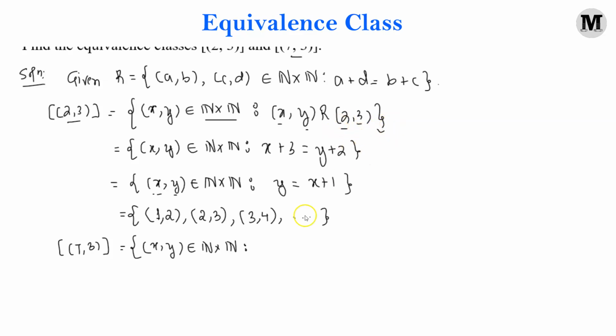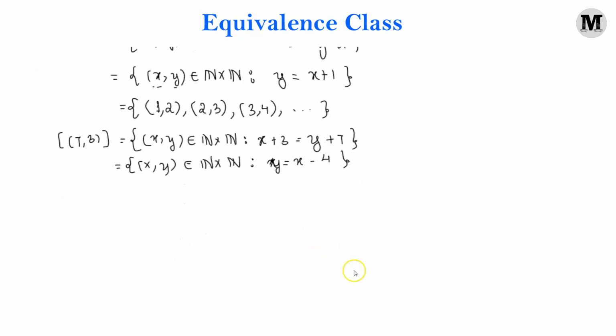We can skip this step and straight away write that x + 3 is equal to y + 7. So this gives us the set of ordered pairs (x, y) in N × N such that x + 3 = y + 7. This is simply the equation x = y + 4, or let's write it in terms of y: y = x - 4. Okay, so we have a new equation, y = x - 4.